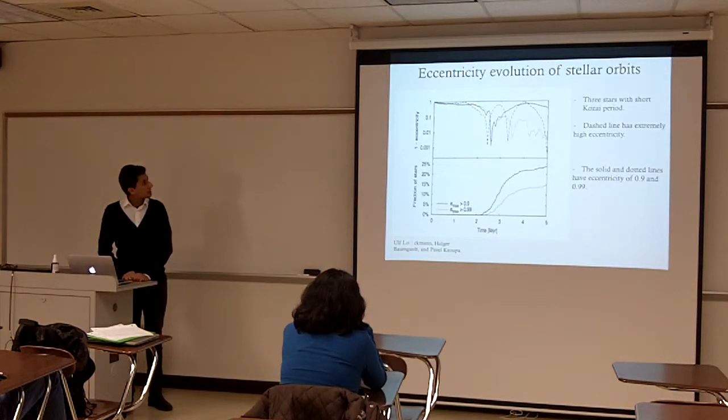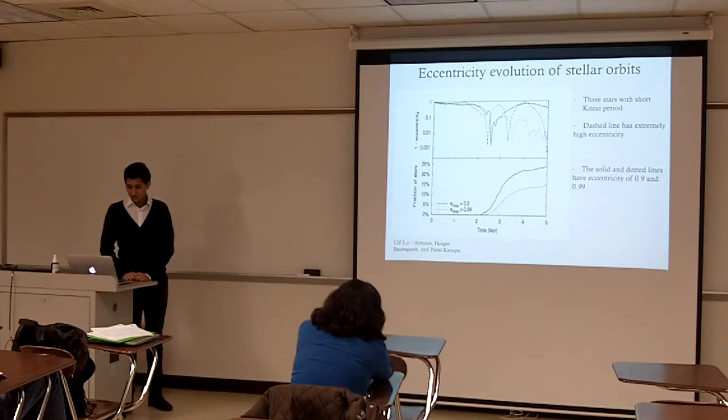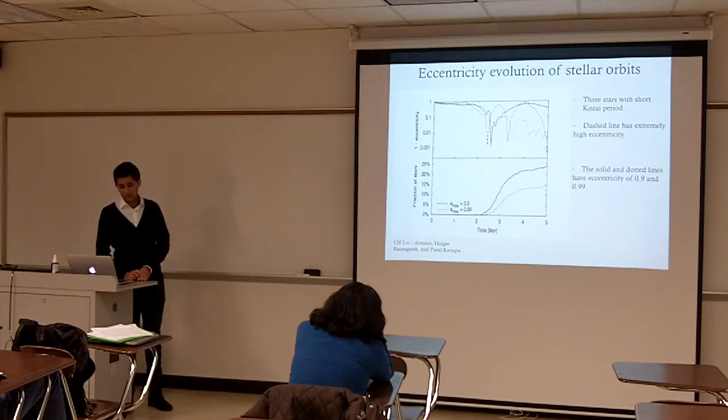So here's the graph that shows the eccentricity evolution of stellar orbits in given time.